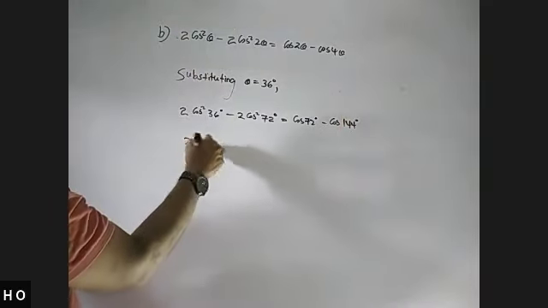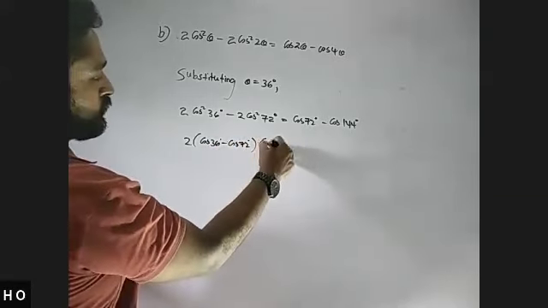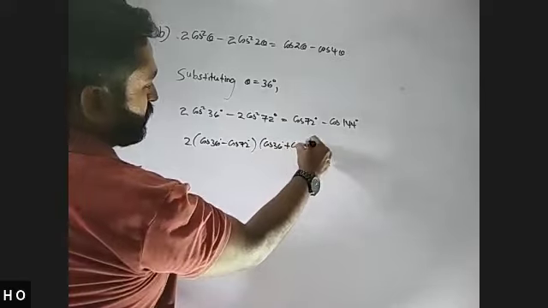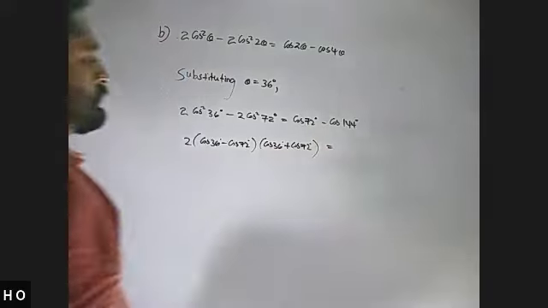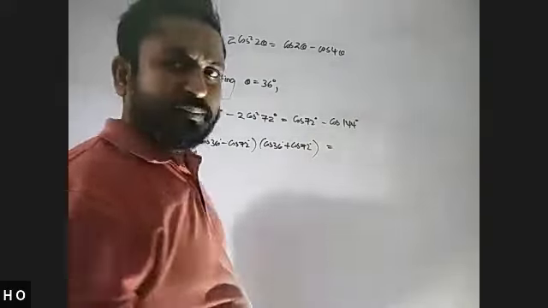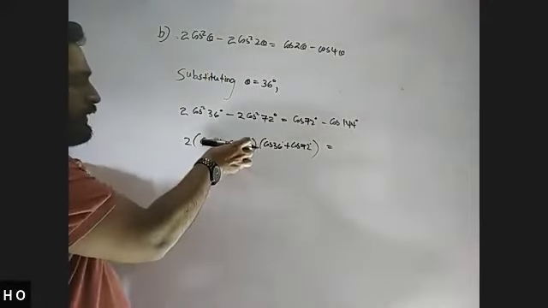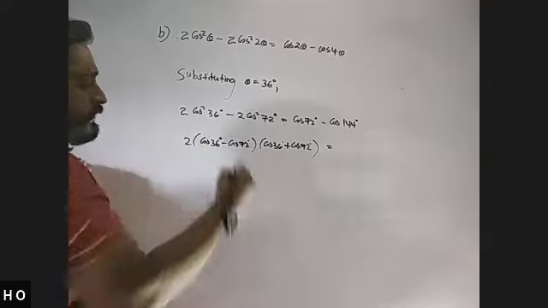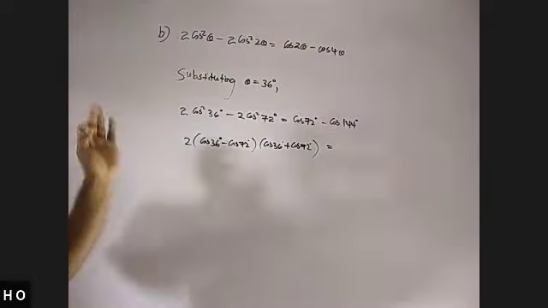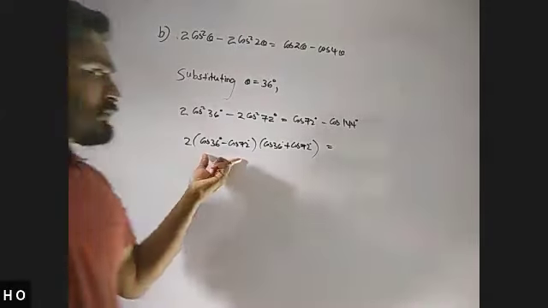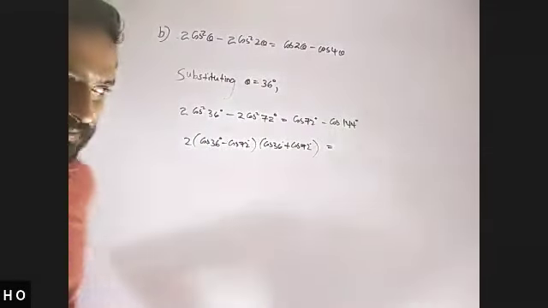Right. So 2 out: cos 36 minus cos 72 times cos 36 plus cos 72 is cos minus cos. And at the same time, you have to be smart here. Your target is to have cos 36 minus cos 72. Already it is given as half as well. So cos 36 minus cos 72 is half. By the way, you already have 2 here. Be smart.